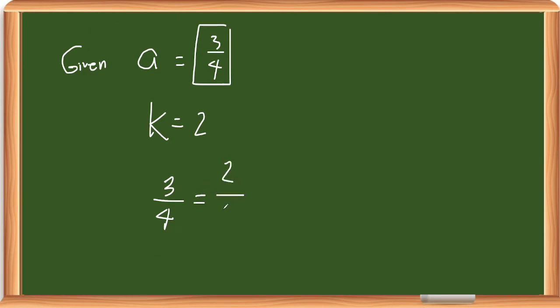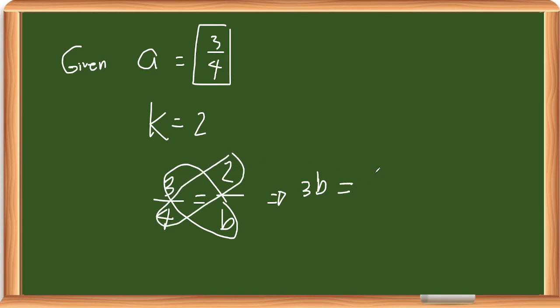Substitute natin and over B. So, since we're looking for B, cross-multiply lang natin. So, we have here 3B is equal to, syempre, cross-multiply mo rin to, 8. And since ang kinukuha natin is yung B, divide both sides by 3. And cancel out 3 over 3 because 3 over 3 is equal to 1. So, B therefore is equal to 8 over 3. Okay?